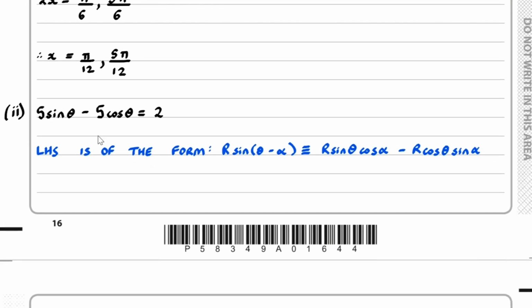And so if I focus on the left hand side, we have 5 sin theta minus 5 cos theta. What we are saying is that it is the same as, if I write it out, 5 sin theta minus 5 cos theta, which is equivalent to r sin theta cos alpha minus r cos theta sin alpha.